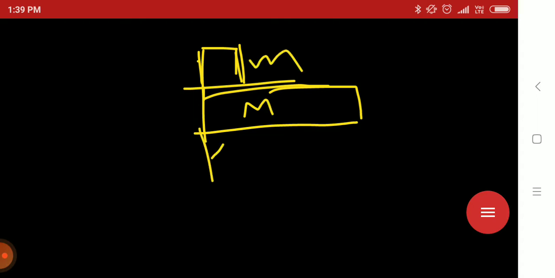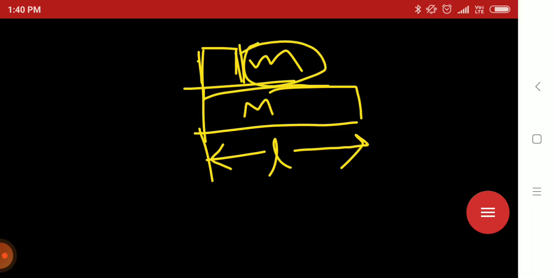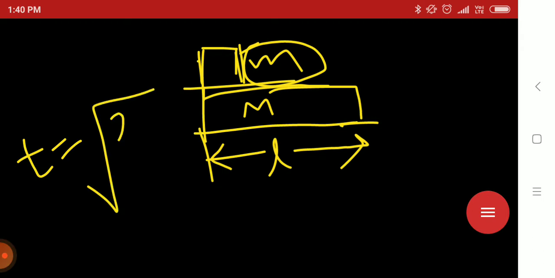Let the distance be small l. Now we have to find the time taken by the small mass m to overcome this distance. There is a formula, root over 2l by A prime. A prime is the acceleration of the small mass m.